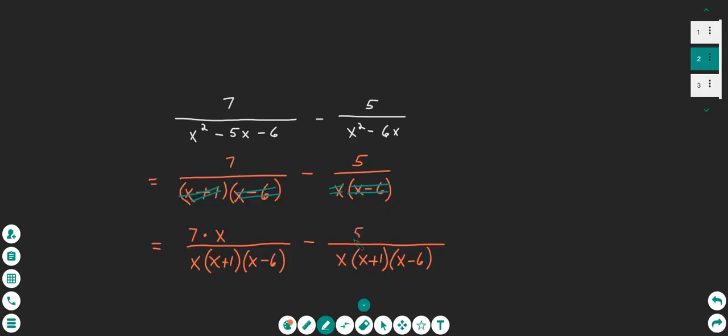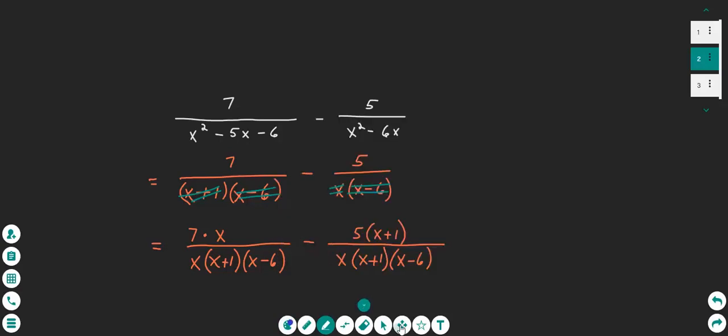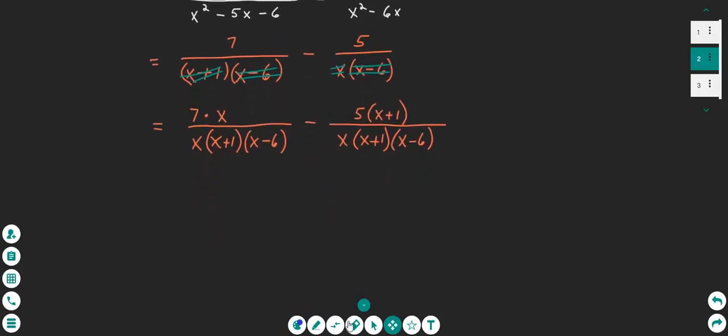So I have to multiply the numerator by the x plus 1. There we go. So the hard part is done. Now we will just rewrite this, maybe just expanding it a bit, and putting it over one denominator. So the one denominator is going to be the x plus 1, x minus 6. I might just leave it like this.